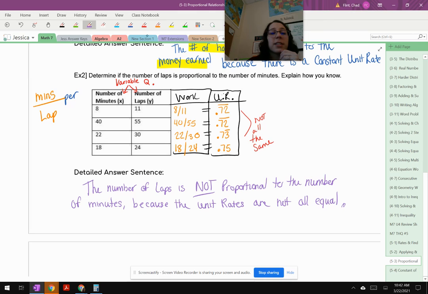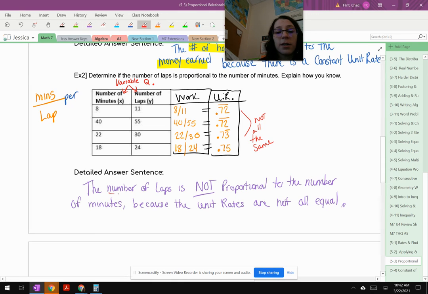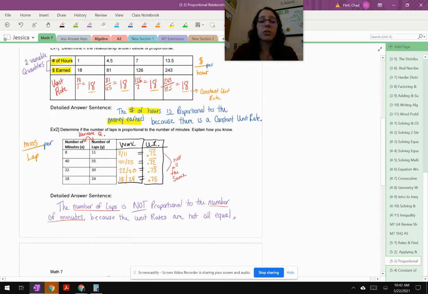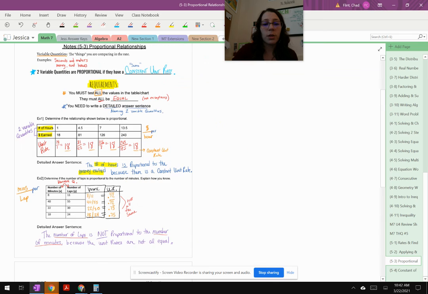Something along those lines. Again, using the two variable quantities and explaining. So please make sure you have detailed answer sentences when you are working through these.